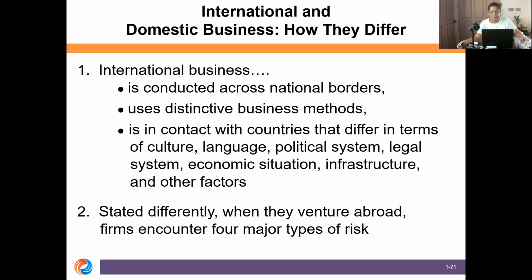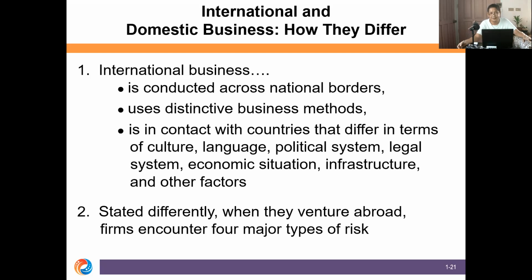Yung kultura nila kung saan where you're going to transact your business, the country that you're going to transact with, even the language, there is some sort of language barrier. Halimbawa, sa Japan, kailangan ang manual mo, siyempre, Japanese.